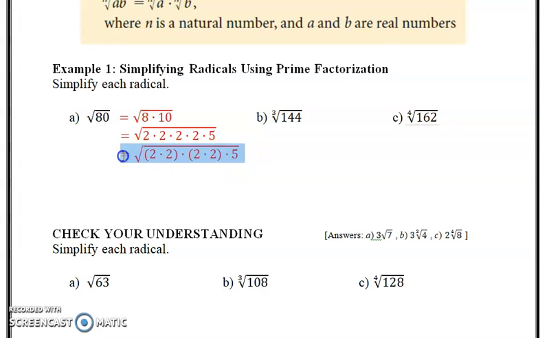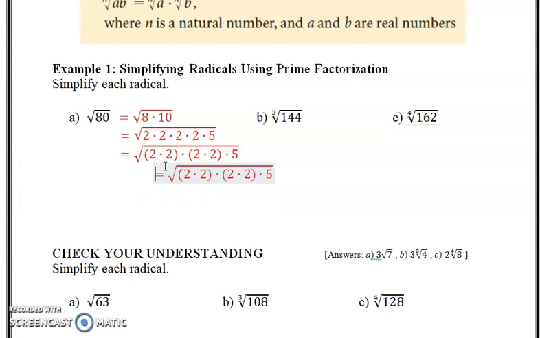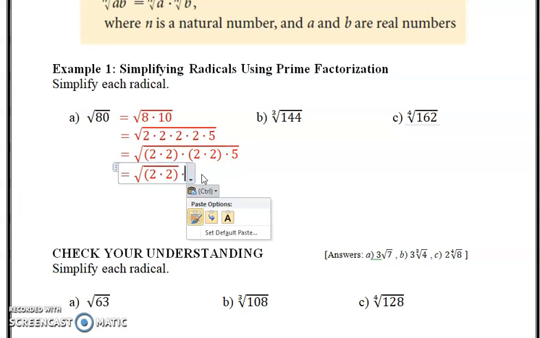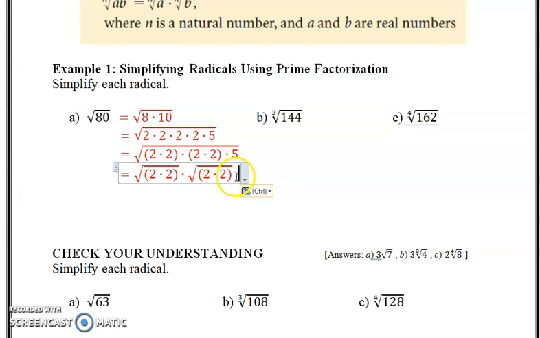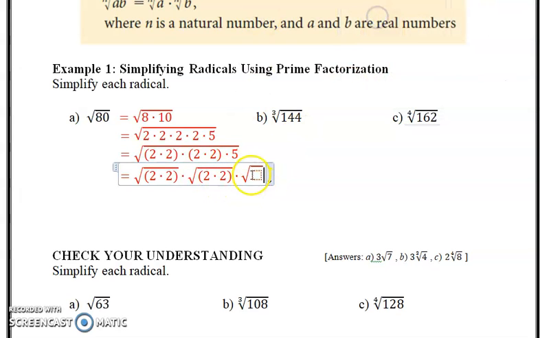Then we can split these radicals up, and multiply by the square root of 5.